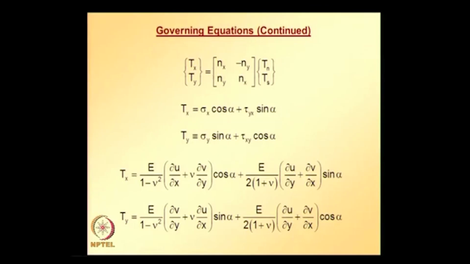So, solving an elasticity problem is basically solving the coupled second order differential equations that we have seen in the previous slide, subjected to the boundary conditions that u and v are specified on a part of the boundary, and tractions are specified on a part of the boundary.